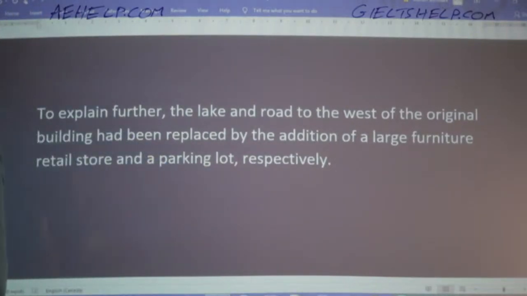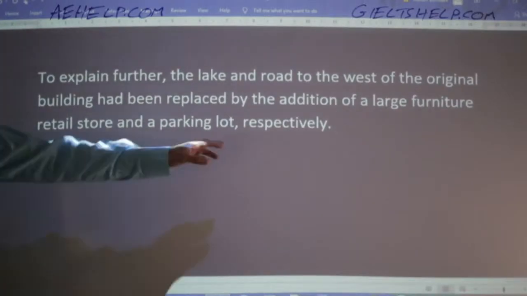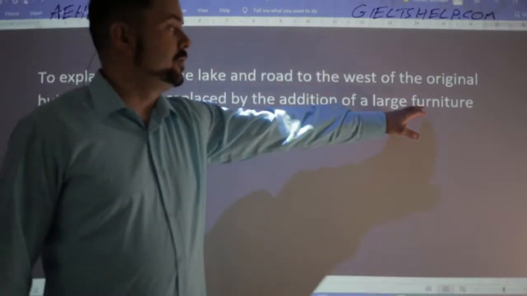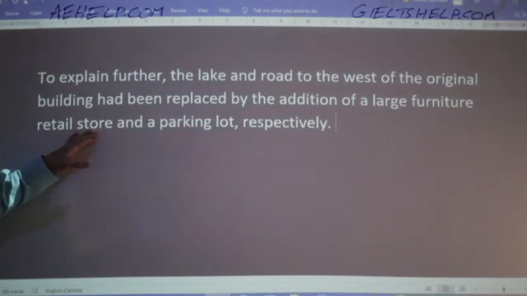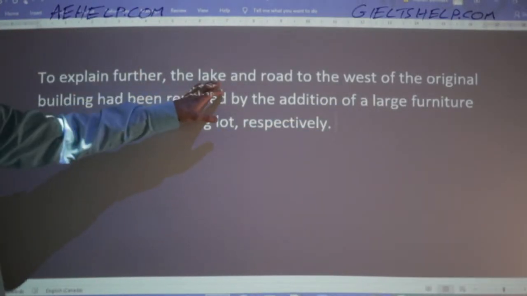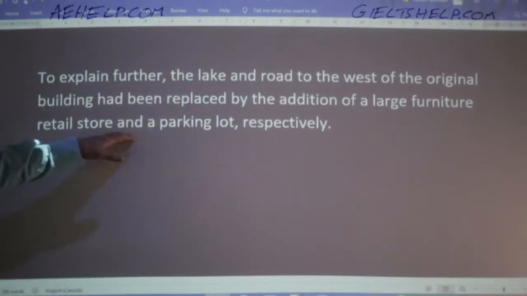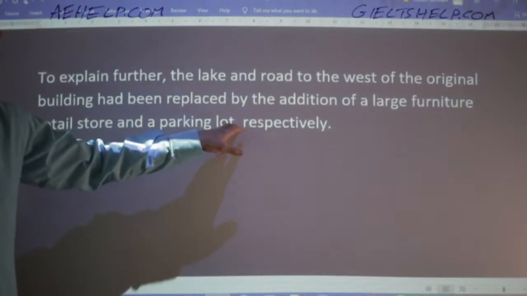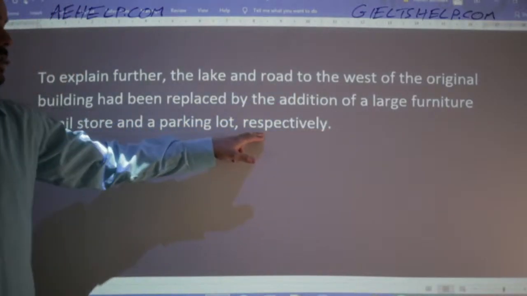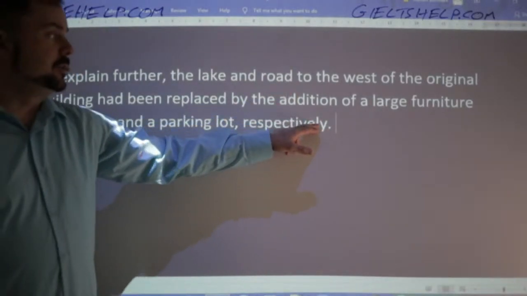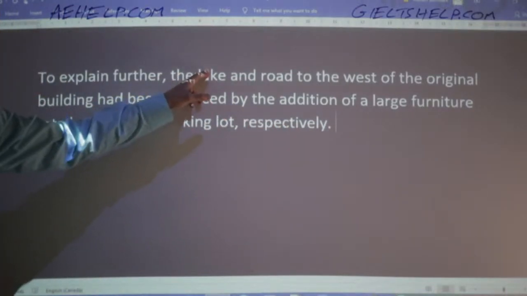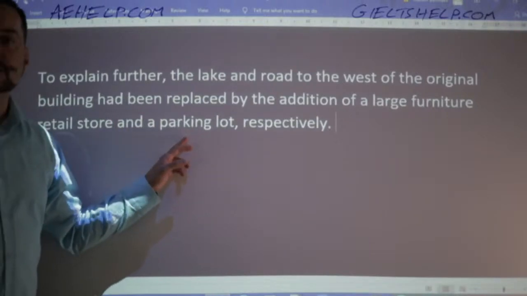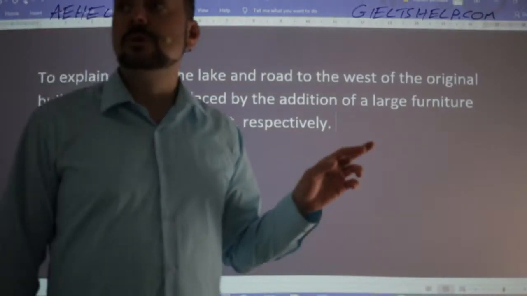And here I'm using "respectively" because this tells my reader that the furniture retail store replaced the lake and the parking lot replaced the road. So this little interesting word allows my reader to identify that the lake is replaced by the furniture store and the road is replaced by the parking lot. Is that clear for everyone?